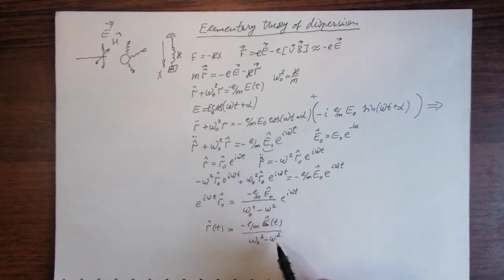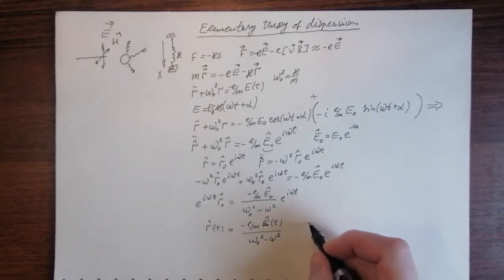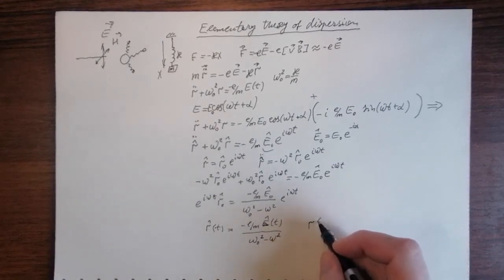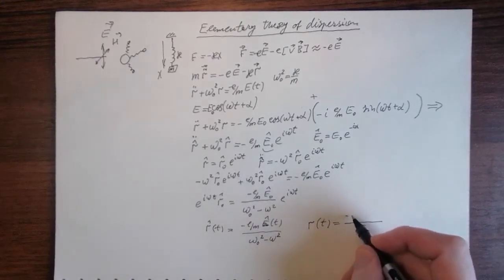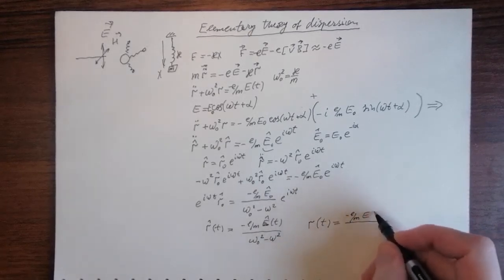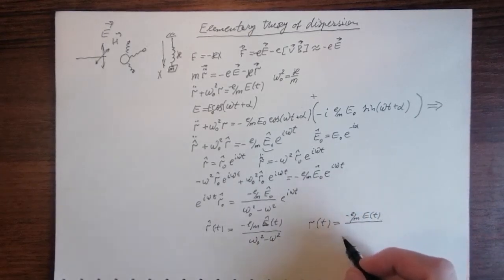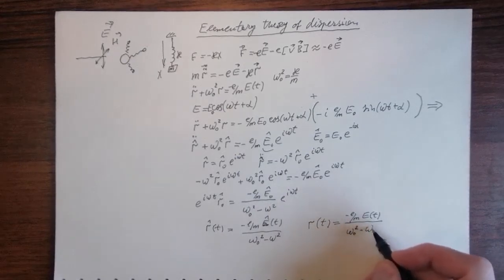Now if we go back to real numbers and take only the real part of this, we will have that real r of t is minus e over m, E of t, over omega 0 squared minus omega squared.